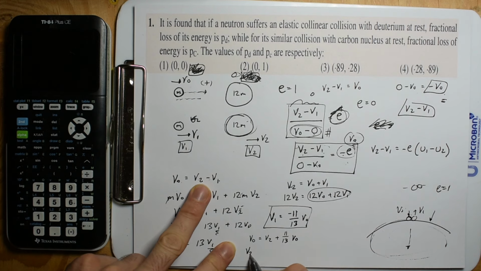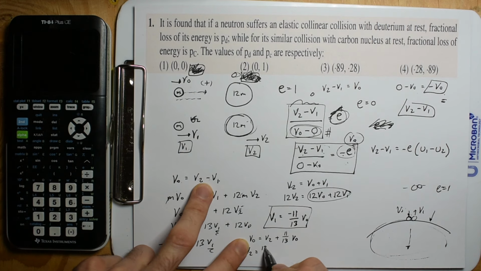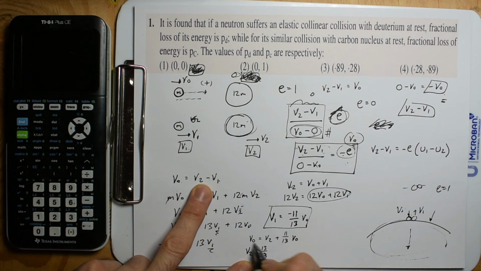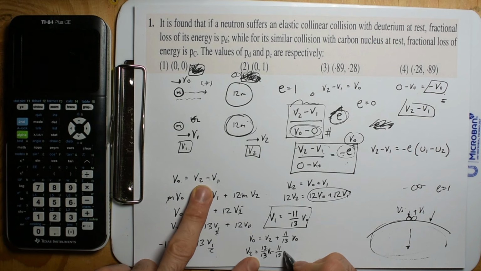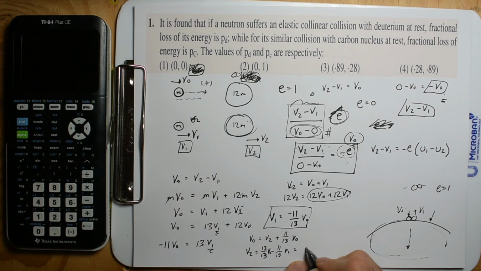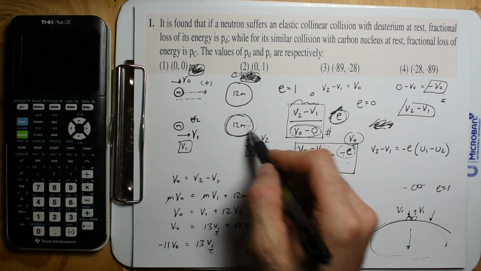Solve for V2. V2 is equal to, I'm just going to make this 13/13 V naught, and then subtract over here 11/13 V naught. So V2 is going to be 2/13 V naught. Hell yeah. So it's not going to move very much.